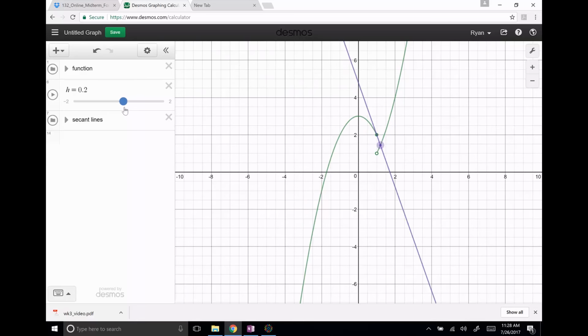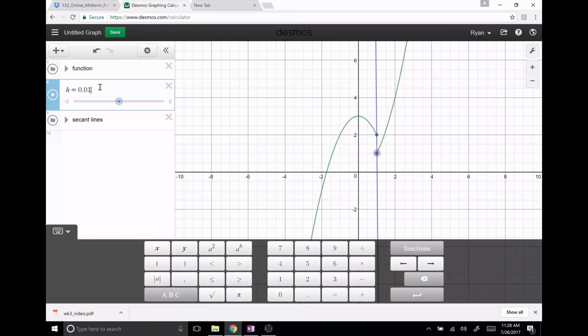The slope of this purple line, which should be the derivative, is getting more and more negative. As we do something like 0.01, you can see that the line seems to be almost straight up and down. And what is the slope of a straight up and down line, a nice vertical line?